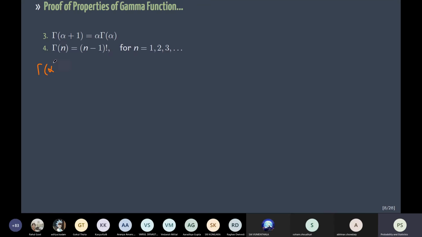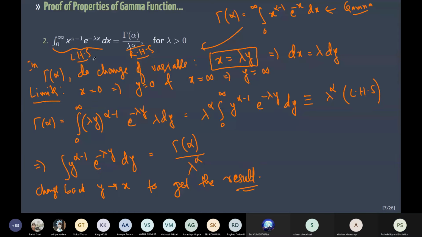Gamma alpha is lambda to the alpha times the integral from 0 to infinity of y to the alpha minus 1 e to the minus lambda y dy.